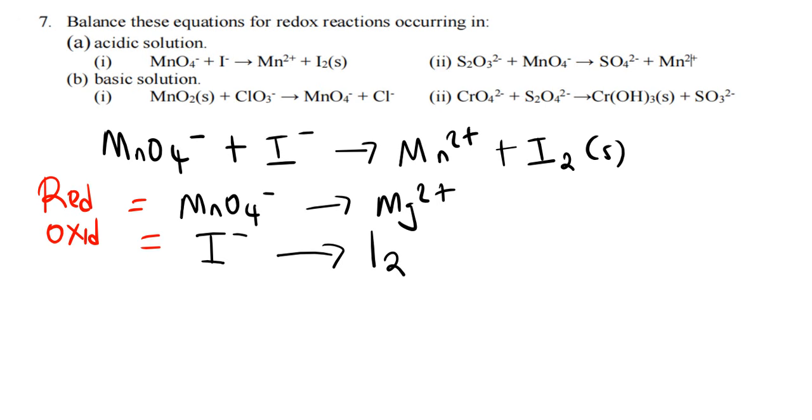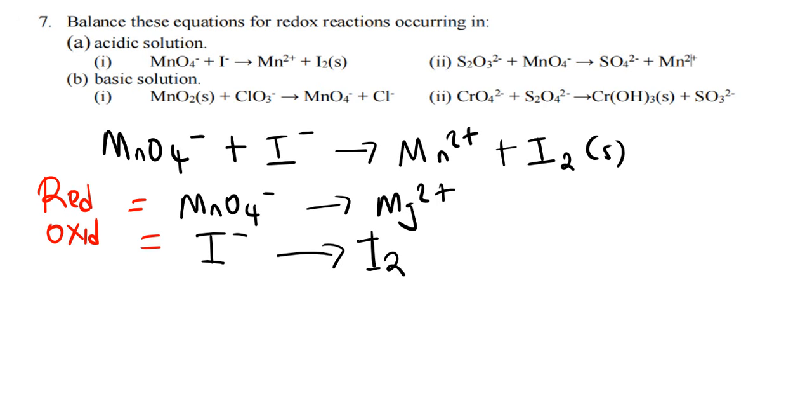Let's look at this compound. It had an electron, but after the reaction it doesn't have that electron anymore. So it lost that electron, which means it's really oxidation.